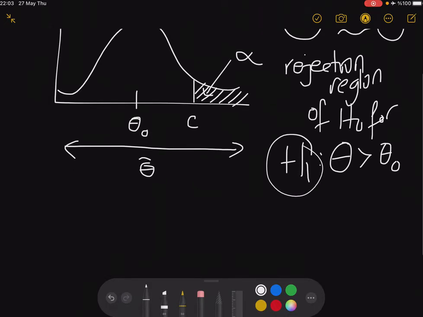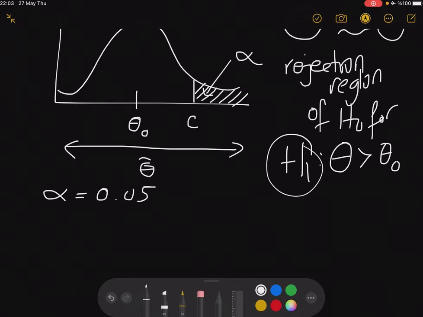So alpha is the probability of rejecting H0 when in fact it is true. You reject H0 while it is true. That's the idea. So for example, suppose that your alpha is 0.05.